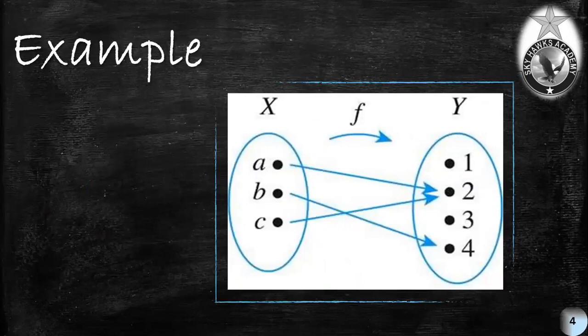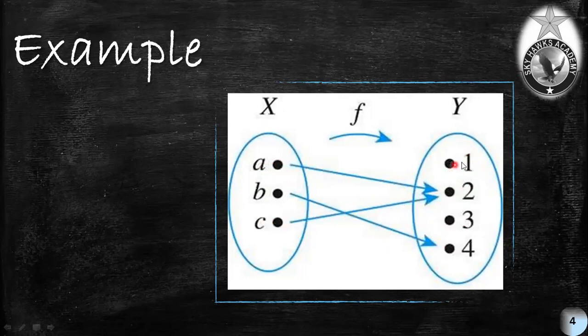So look at this. As in the previous slide, there are two sets. One is x, containing a, b, c, and there is a function, a relation to the other set y, which contains 1, 2, 3, and 4. So for each a there is an image, and for b this is going to 4, and for c this is going to 2.